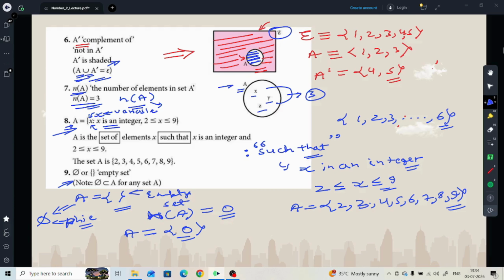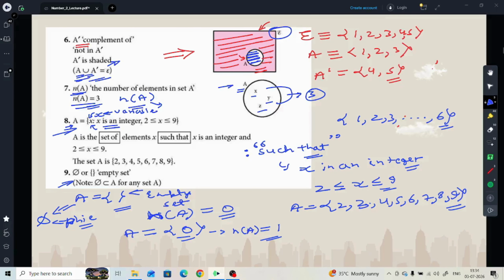So the 0 will be considered as an element, not as a number. In this case, the number of elements in A will be counted as 1, not 0. You need to keep this concept clear in your mind. Hope you must have understood.